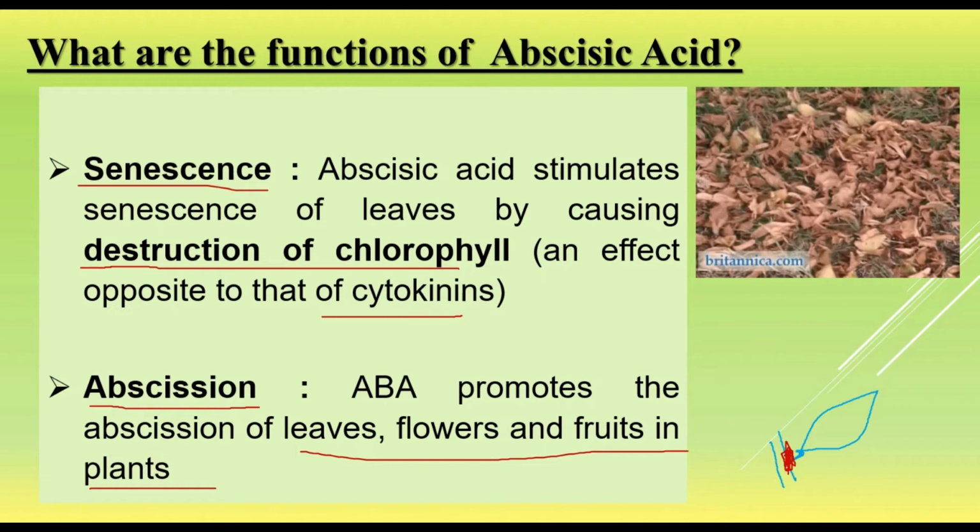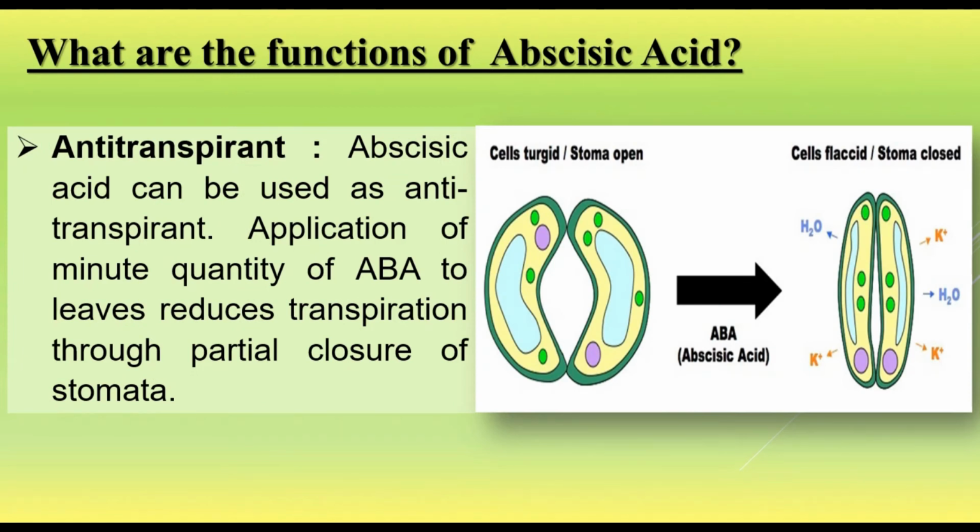So ultimately the leaves become yellow in color, and at the same time in this abscission layer there will be accumulation of the enzyme cellulase. This cellulase enzyme breaks down cellulose present in the cell wall, thus helps in falling of leaves, that is the abscission of leaves.